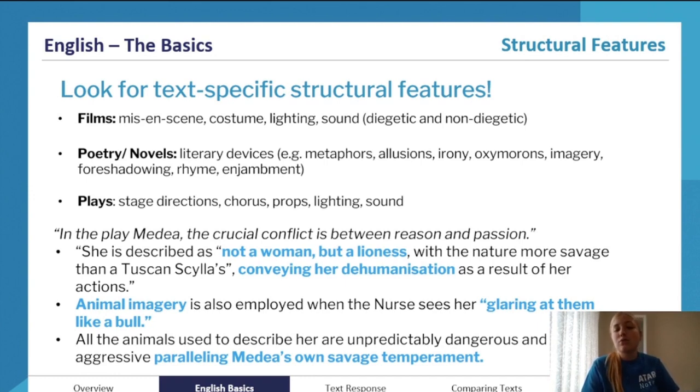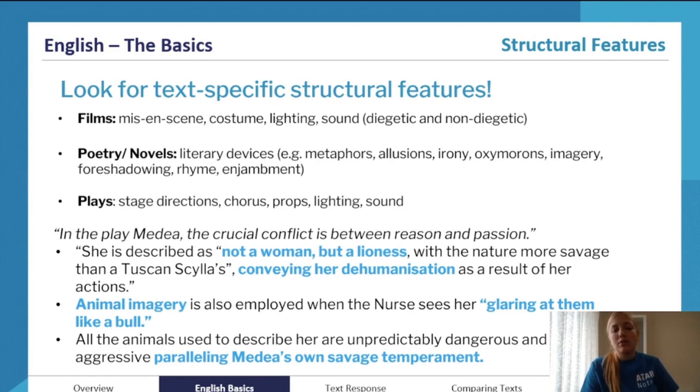Let's have a look at an example of structural features analysis. So in the play Medea, the crucial conflict is between reason and passion. So Medea is being described as not a woman, but a lioness, with a nature more savage than a Tuscan Scylla's, conveying her dehumanization as a result of her actions.